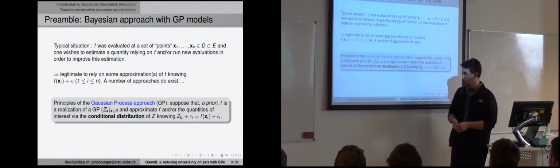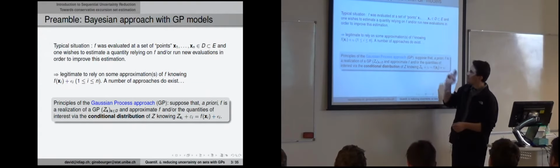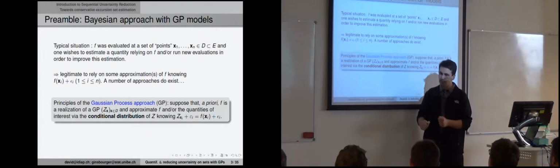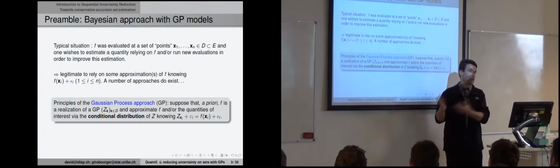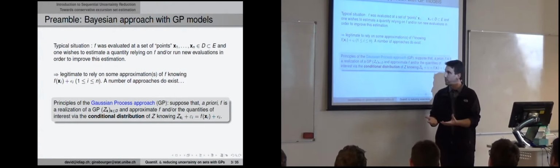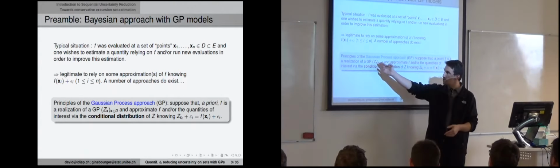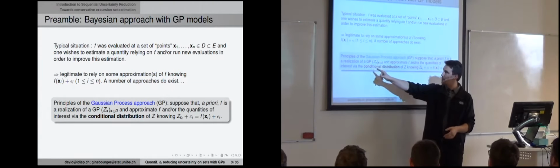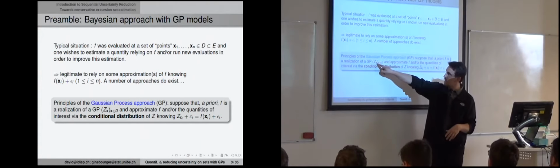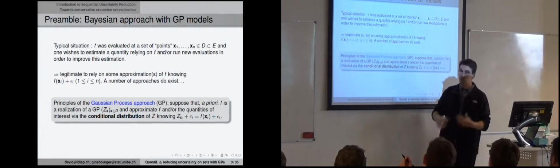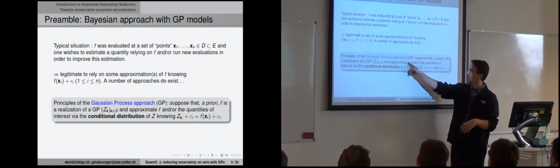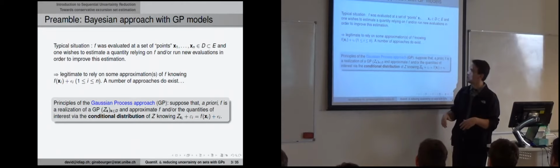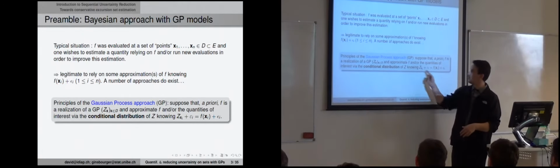for sequential design. So the idea, as you know, is that we postulate that our function f, which is a deterministic object, is actually one realization of a random object, that we call a random field or a random process. So here the notation Z_x means I have a field Z, which is indexed by the location x. And this is a collection of random variables. And now, once you have observed the function f at some points, possibly in noise, you can look at the conditional distribution of the field, knowing the noisy observations.